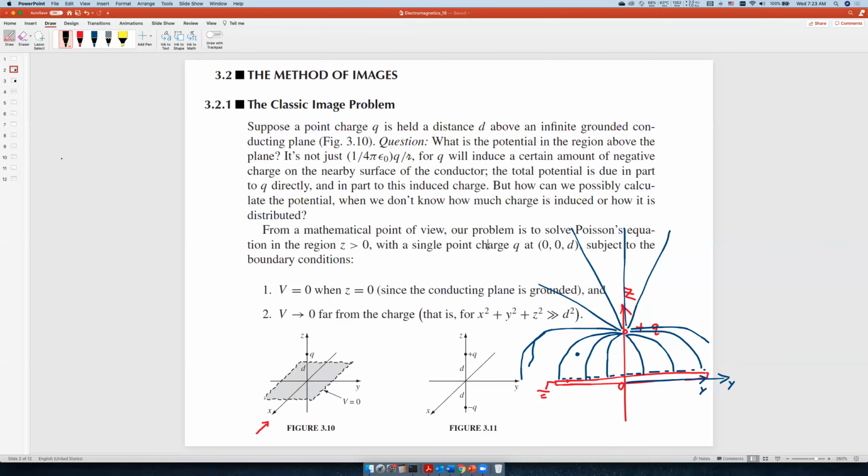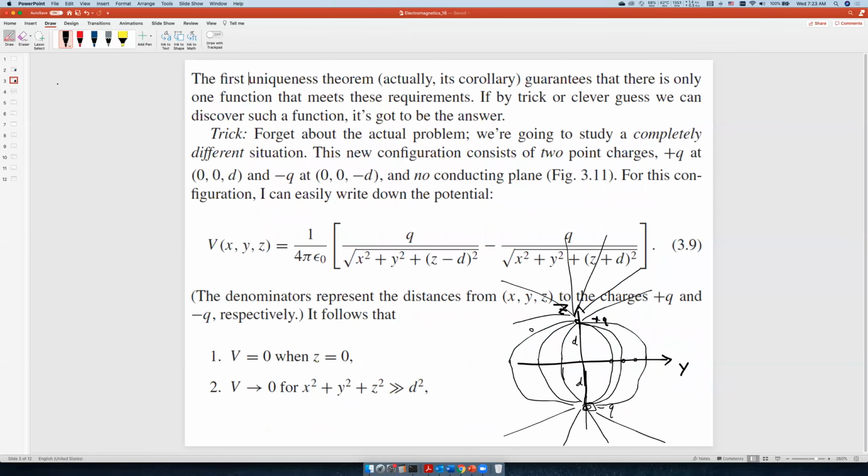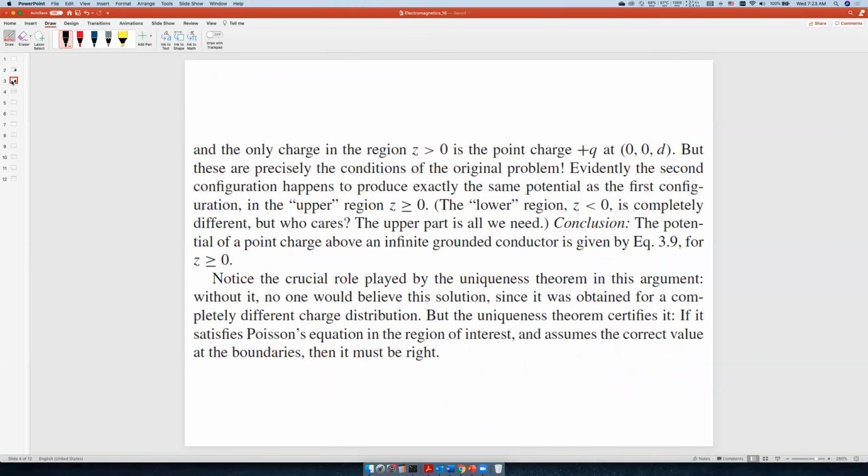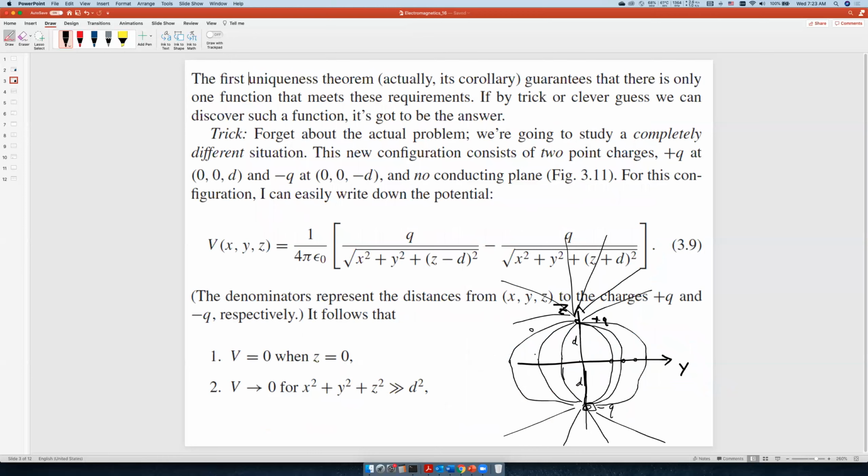Effectively, those two sets of charges have the same effect. So you can see by changing the situation, you get a very easy solution to such problems.